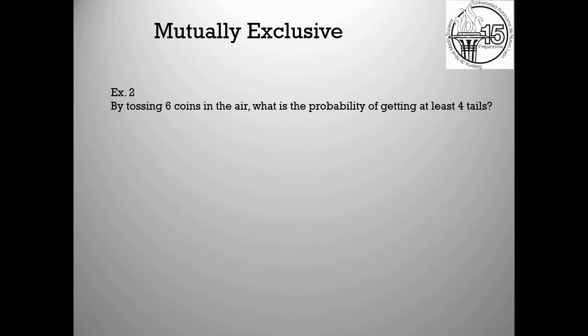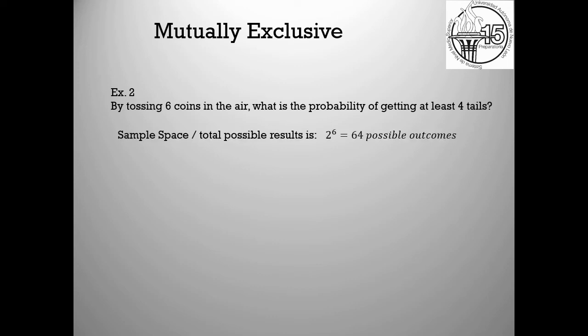Let's see the following sample. By tossing 6 coins into the air, what is the probability of getting at least 4 tails? First, we need to calculate all the possible results by tossing 6 coins. We are going to use the binomial theorem.